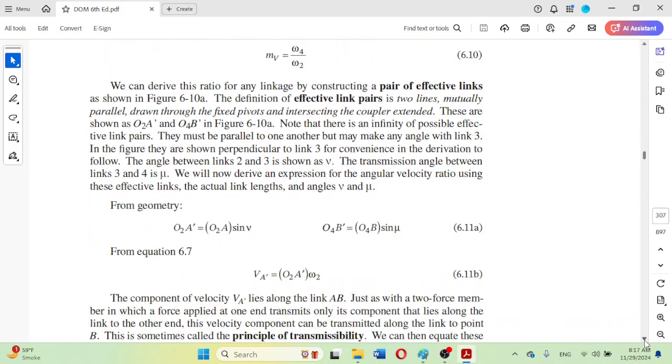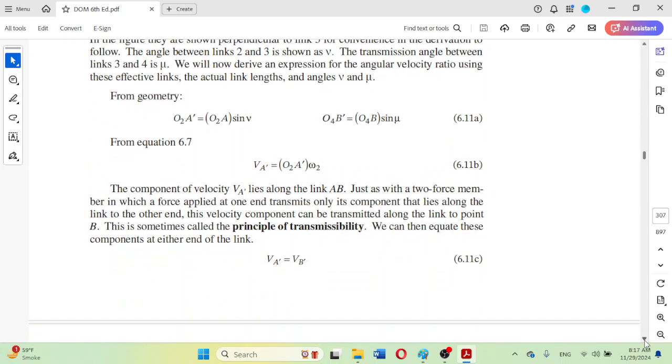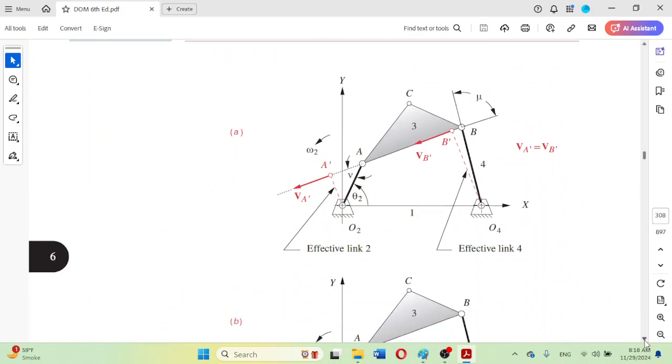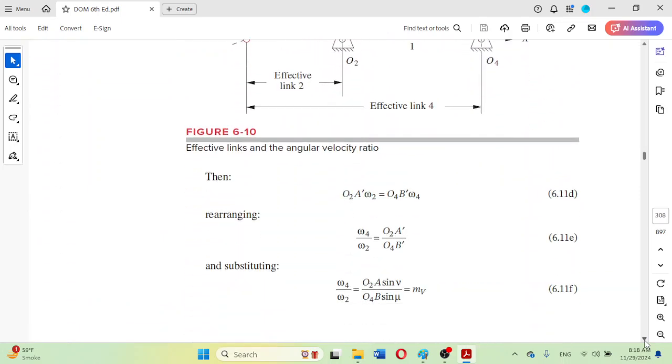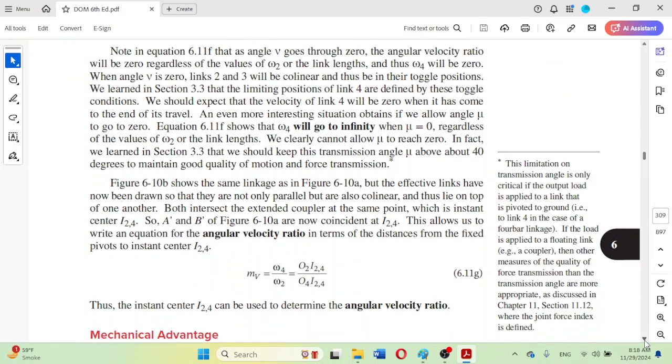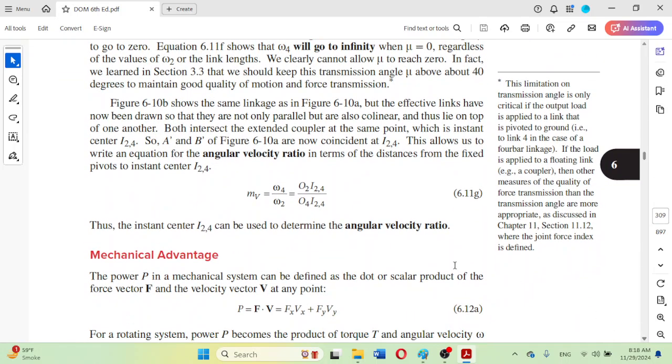Again, this fact can also be verified using the instant center 2, 4 relation. As we can observe, the distance from O2 up to I2,4 will be in the numerator, and in the denominator O4 I2,4.